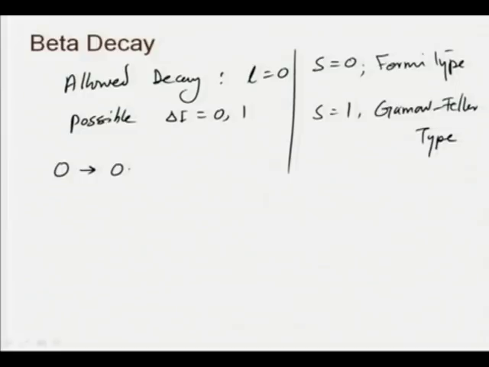Here I am denoting the I values of the x, and so I x to I y. Okay. 0 0 tells you that it is delta I equal to 0 and only possibility is S equal to 0. So, it is Fermi type. Okay.